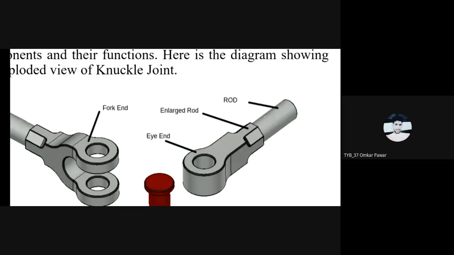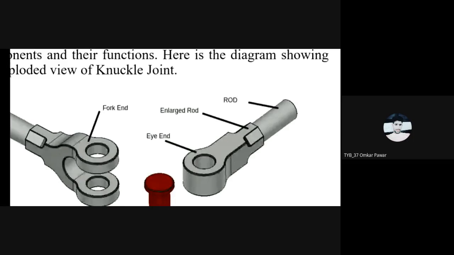So in this, that is the outer eye. And what will be the inner diameter? The inner diameter will be the same as the diameter of the pin. So it is not necessary to give separate dimensions for the inner side of the fork as well as the eye section.